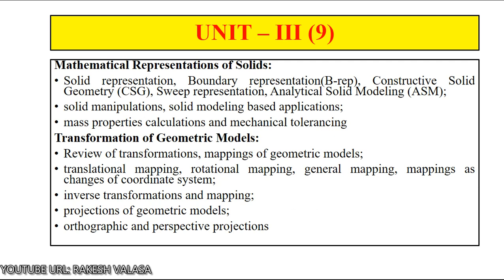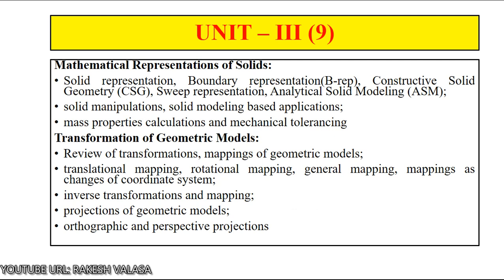Coming to Unit 3, we will discuss mathematical representation of solids like boundary representation, in short form B-REP, constructive solid geometry, short name is CSG, sweep representation, analytical solid modeling, solid manipulations, solid modeling based applications, mass properties calculations and mechanical tolerancing.